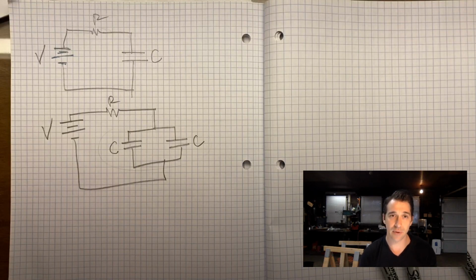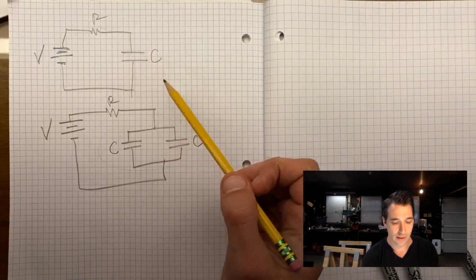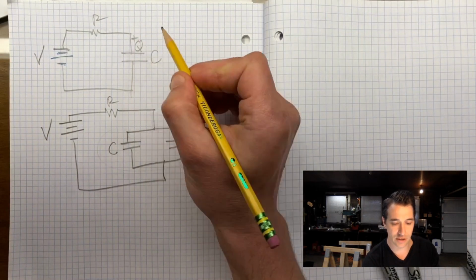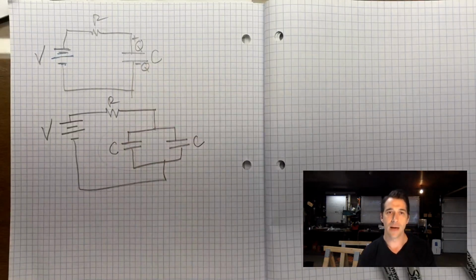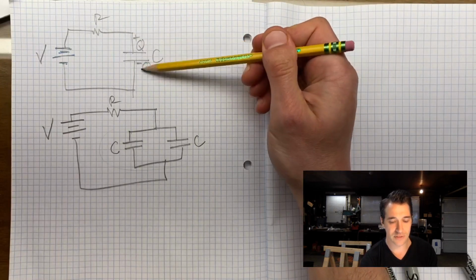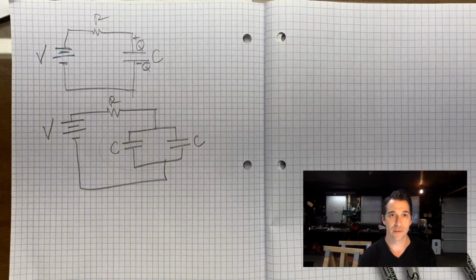They tell us in the problem that this circuit is allowed to come to equilibrium. So slowly this charges up until the capacitor has a plus Q on one side and a negative Q on the other side. Capacitors have equal and opposite amounts of charge on each side, which is good to know.